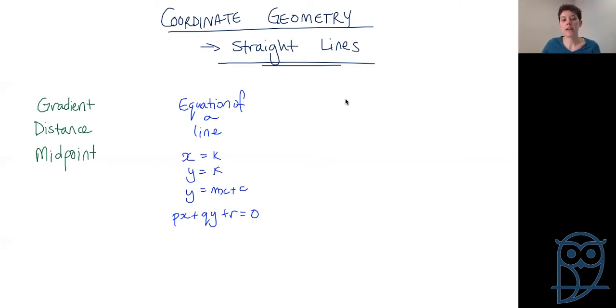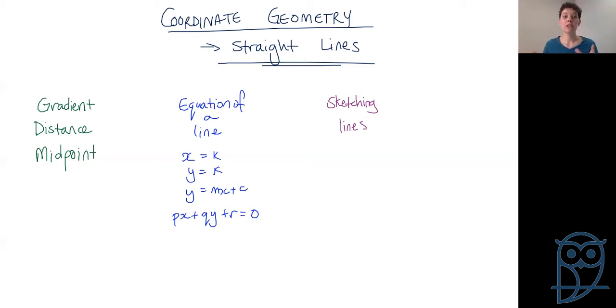Okay, then when it comes to AS level, we have to be very, very comfortable with sketching lines. So not plotting them, not making tables of values and plotting exact lines, but actually understanding the line and then sketching it.